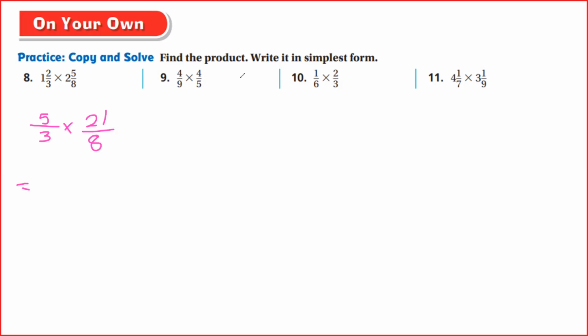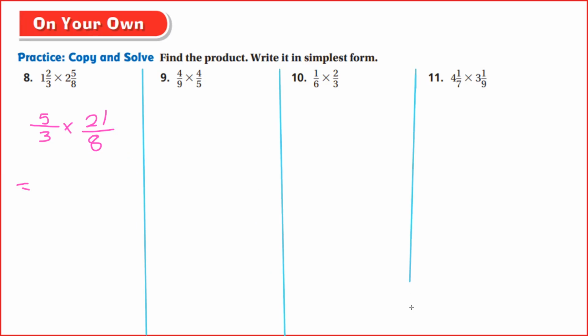Multiply or divide? No, multiply. You have to multiply first, yes. Now let's multiply them first. What you have to multiply? 5 by 21. Bravo. 5 by 1, 5. 5 by 2, 10. 105 over 3 times 8. 3 by 8 equals 24.